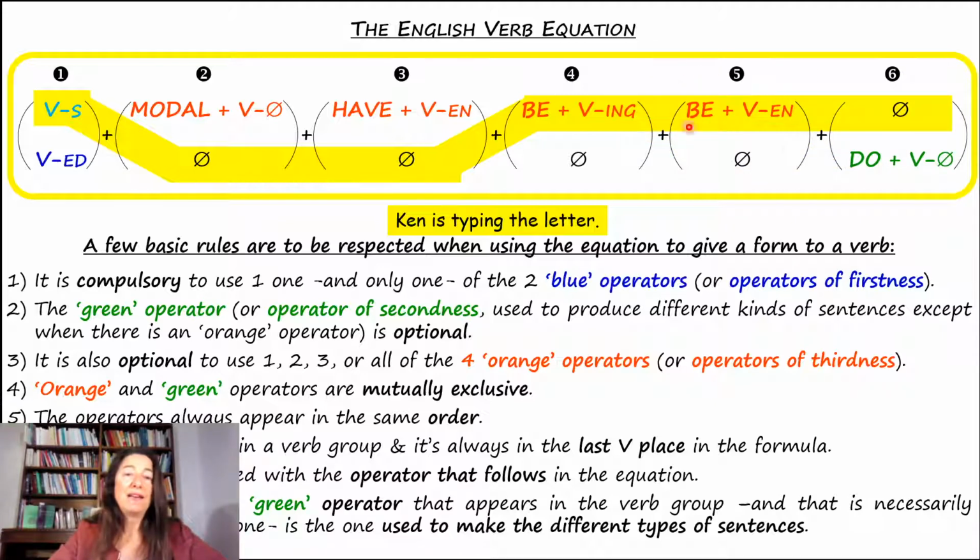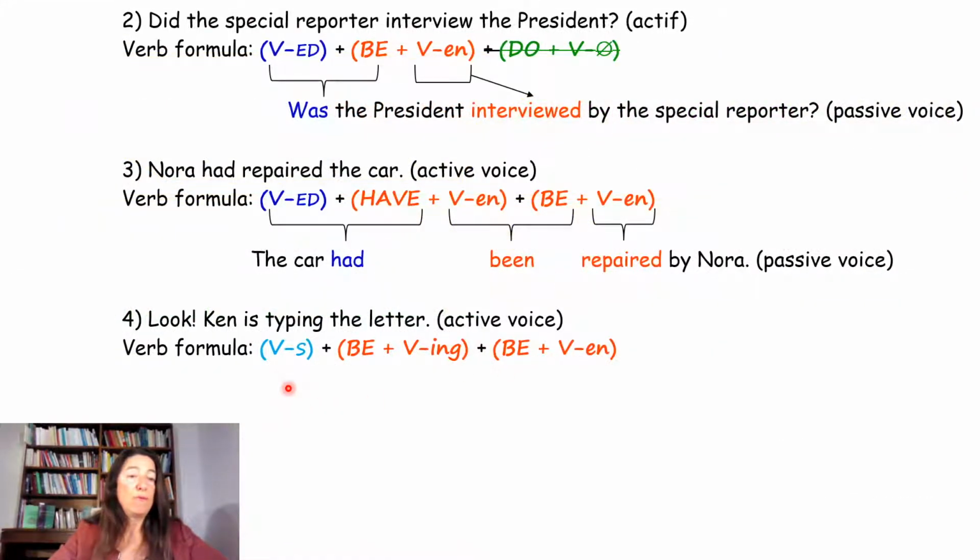So we need to add the operator for the passive form. And therefore, the formula for the passive voice sentence is VS plus be plus VING plus be plus VEN. And then let's write the subject, which, as you remember, is the object of the active voice. That's the subject for the passive voice.